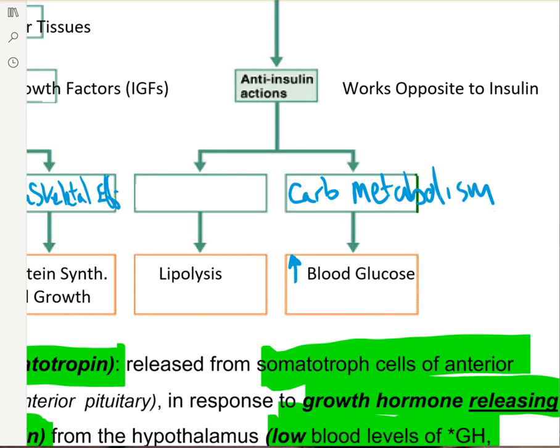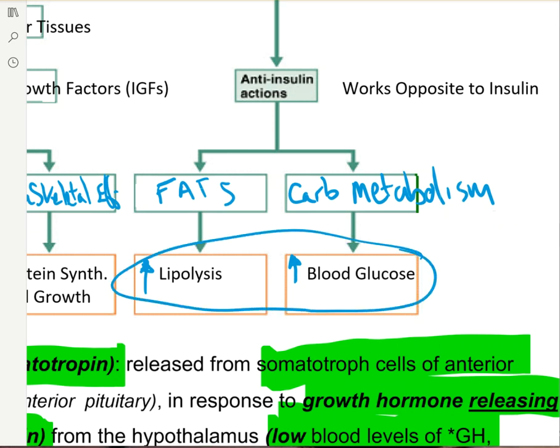Okay? The other thing we will do is we will go to fats, and we will increase lipolysis. All right, think of that word, lipo, fat, lysis, breakdown. We're going to break down fats into their monomers. And the reason why is we can use those for fuel as well. So both of these things right here are going to increase the amount of fuel we have in our body, so we can do all of the growth hormone effects.